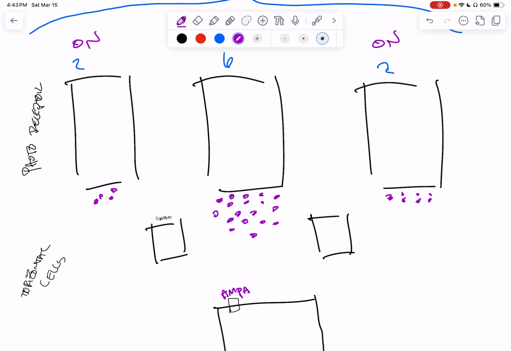Bipolar AMPA, GABA's activated, GABA's inhibitory. What is GABA doing in here? On center, off surround, GABA.